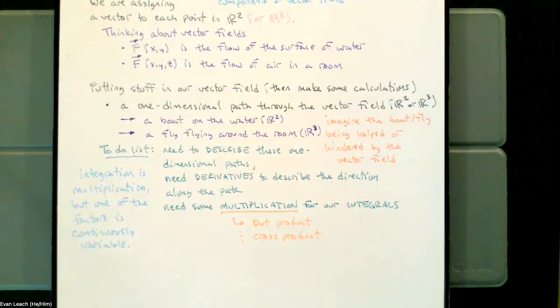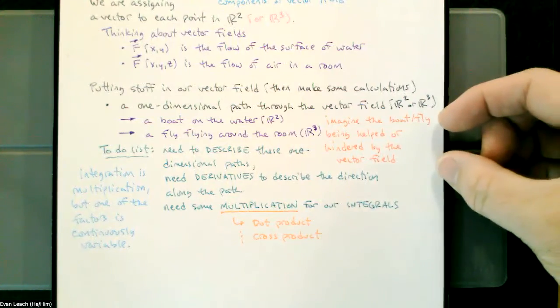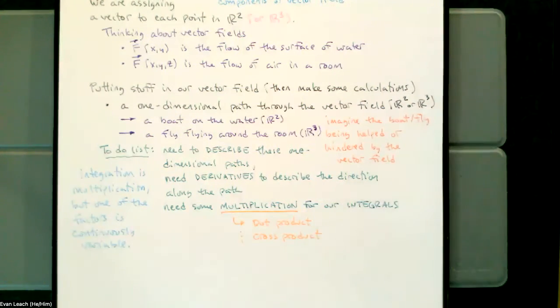If we think back to our setup, the way we want to think about our vector fields, and then putting stuff in our vector fields. In this category, we're putting a one-dimensional path through our vector field in R2 or R3, represented by a boat trying to sail through the vector field, or some fly trying to fly through the vector field. And we're imagining the boat or fly being helped or hindered by the vector field.